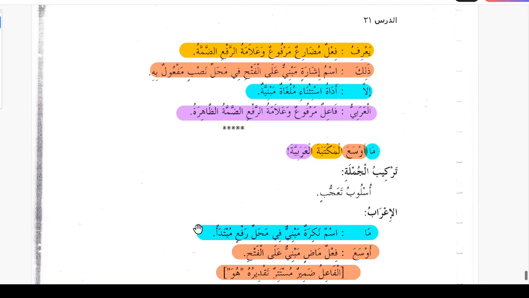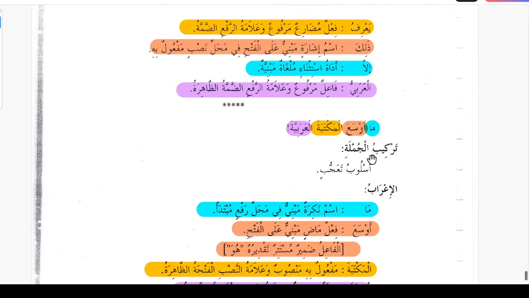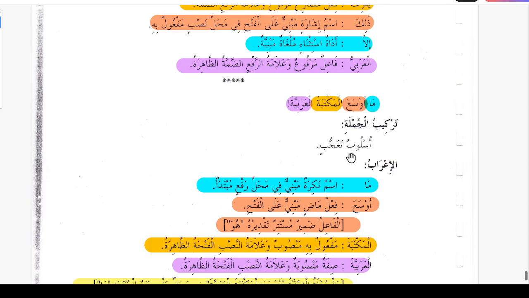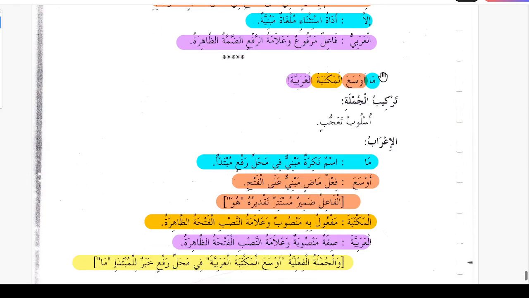That is simple. And then the exclamation one, ma awsal maktabat al-arabiyyata, what a spacious Arabic library it is. So that is the ta'ajjub, uslubu ta'ajjub. So the i'rab is ma ismun nakiratun mabniyun fi mahalli rafin mubtada, this is mubtada.